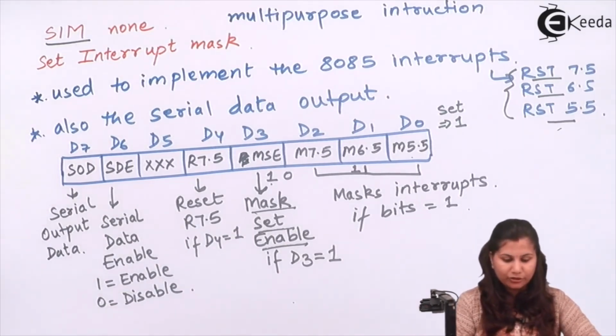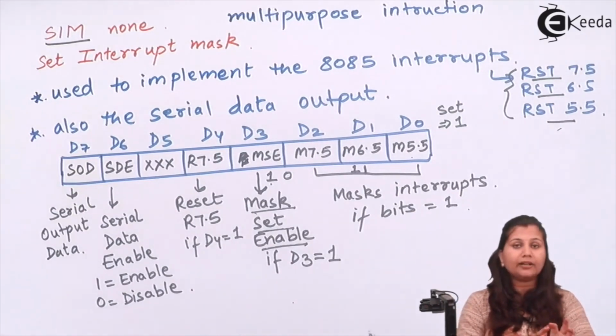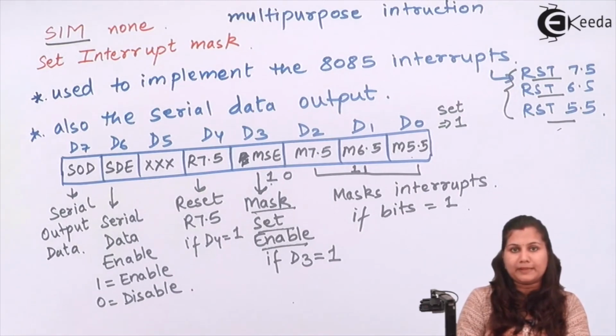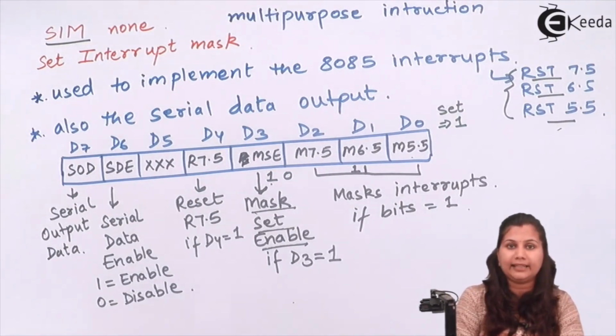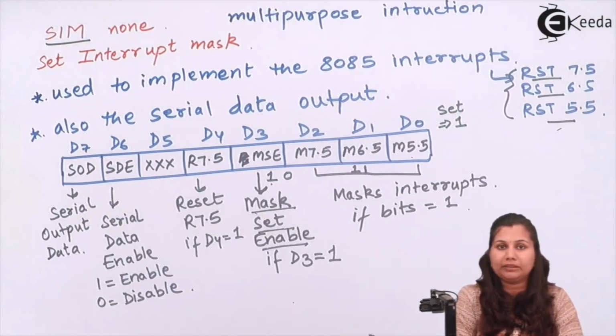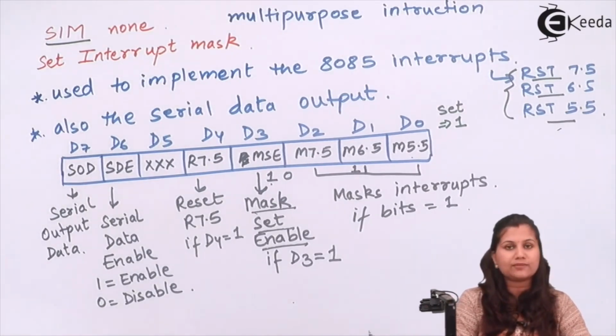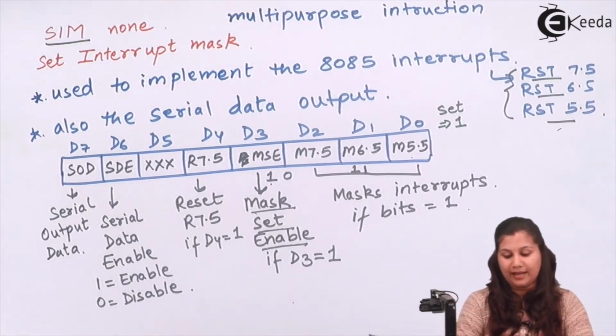These instructions are used for controlling the operation of the microprocessor: NOP, no operation, HLT, halt, and then we studied DI and EI, to disable and enable the interrupts, then SIM and RIM instructions. So these were control instructions.